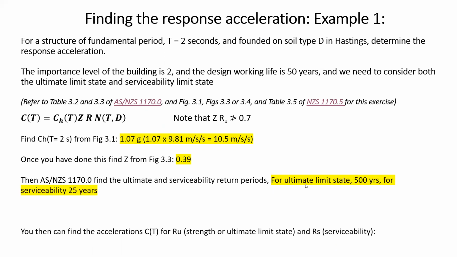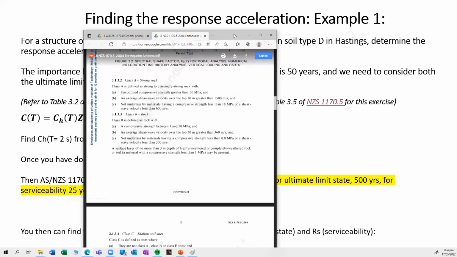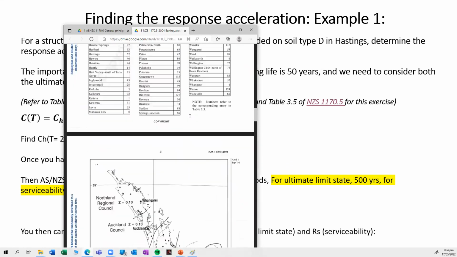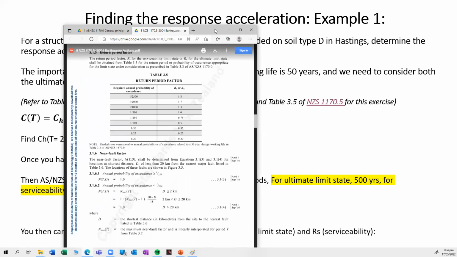Now, we have ultimate limit state for 500 years and for 25 years. This is for the return period. Okay. Now, how are we going to find what we call the return period factors? For each return period, we have what is called a return period factor, and where that is, in table. Here it is, table 3.5.